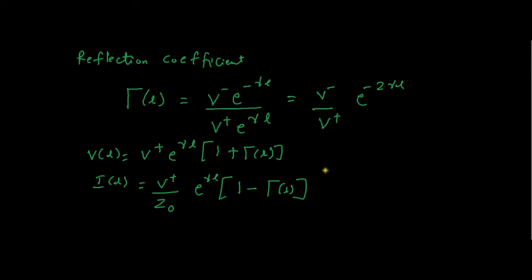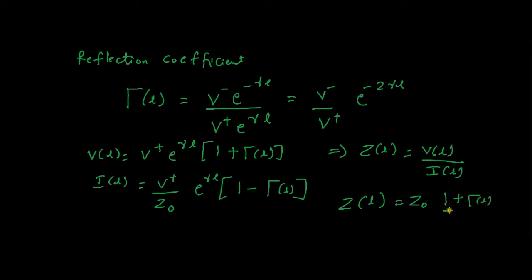So the impedance at any point on the line will be the ratio of V of L to I of L. That will be Z of L equal to Z naught times 1 plus this over 1 minus this.